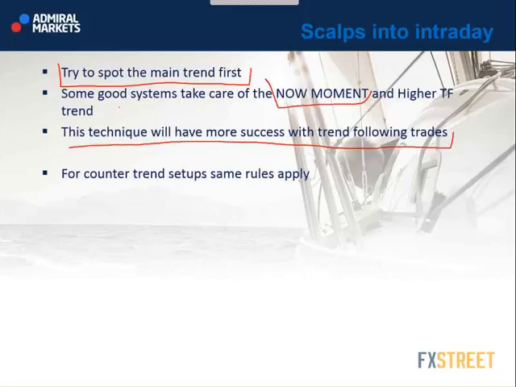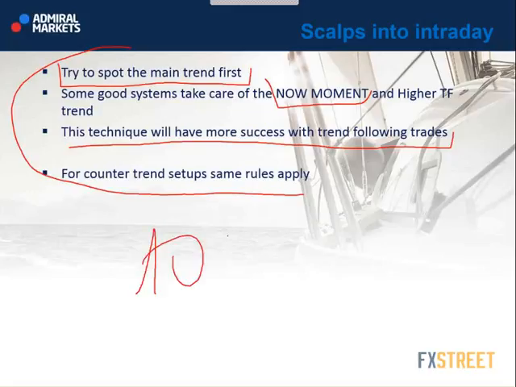Guys, these are very important rules if you want a good method for turning scalp trades into intraday trades. That occasionally means turning 10 pips of profit into 30 pips of profit.